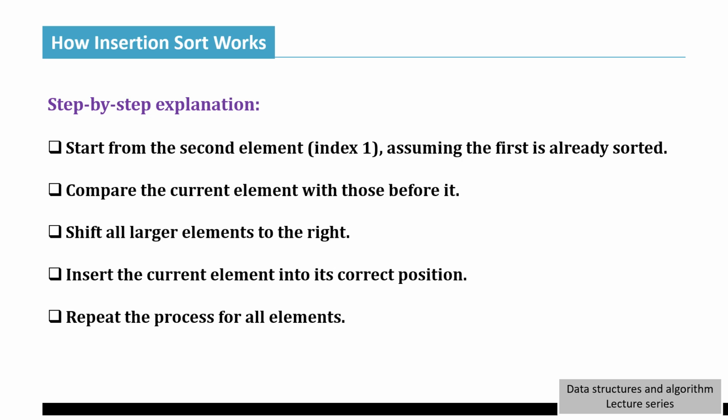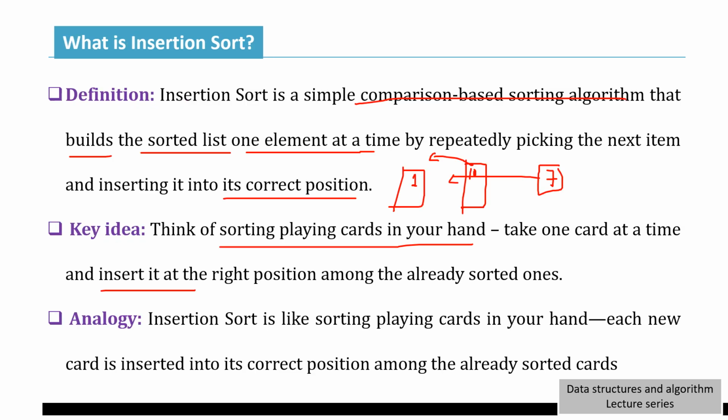Let us understand step-by-step how insertion sort works. Start from the second element, that is index 1, assuming the first element is already sorted. I just explained this, that you have to assume that the first element is already sorted.